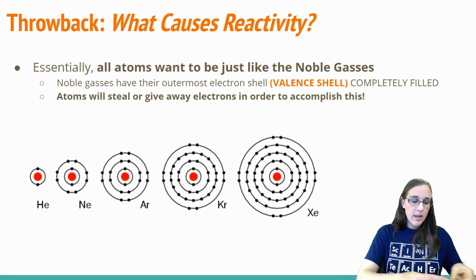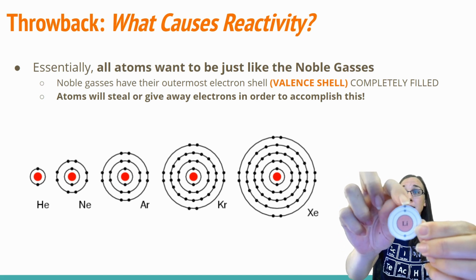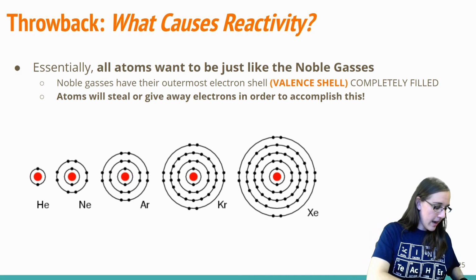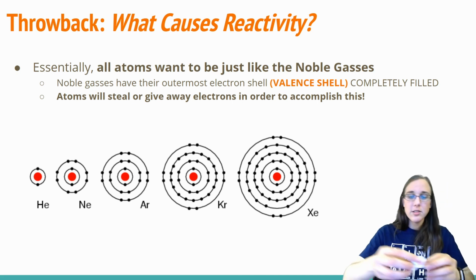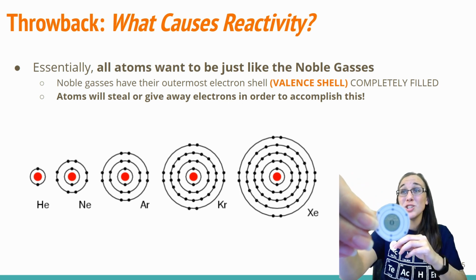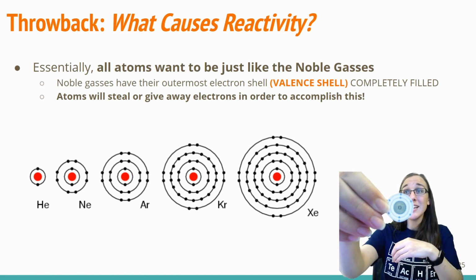For example, lithium, remember, wanted to give away one and become positive in order to be stable, whereas oxygen wanted to gain two in order to be stable and have a full octet and be a -2 charge if it's gaining 2 electrons that are negatively charged.